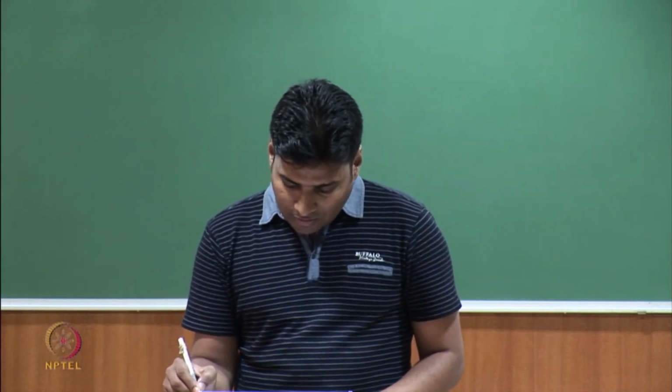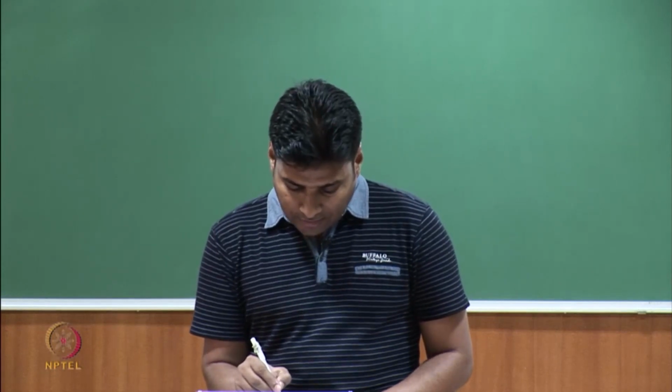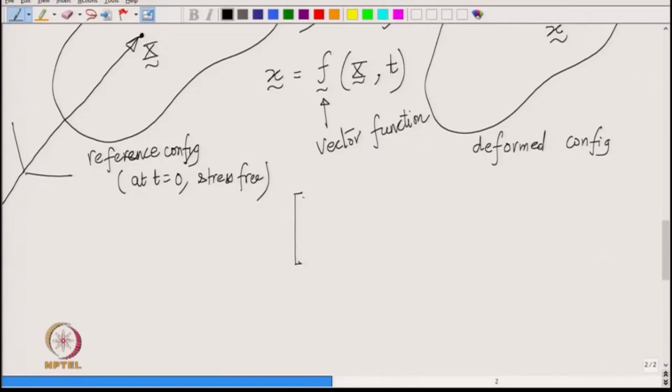So, if I try to write this in component form, we could also write it as small x1, small x2, small x3. So, that is equal to the function f1, the function f2, the function f3.